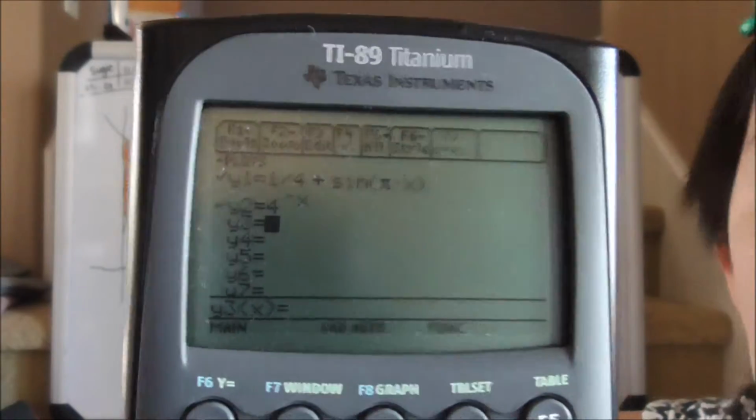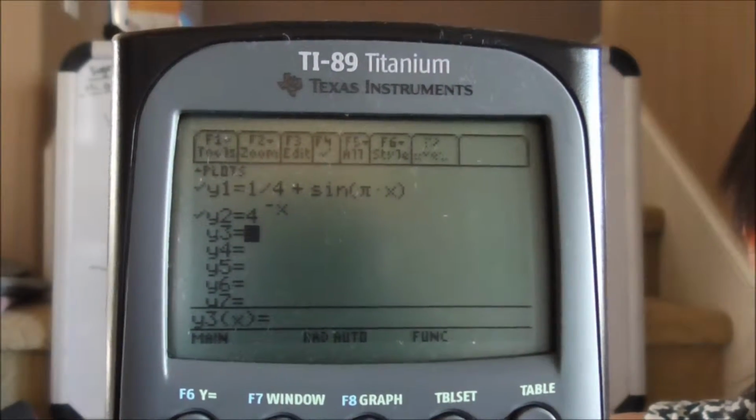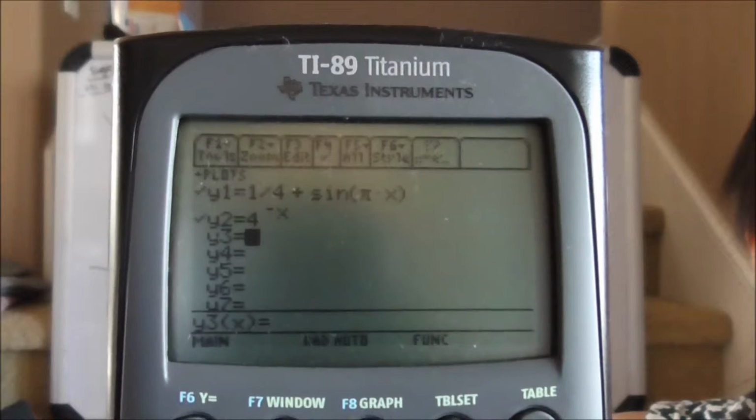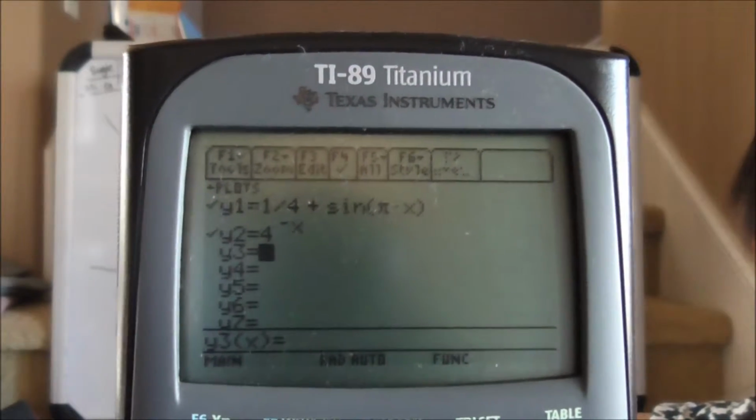Formatting is slightly difficult to read on this, but as you can see, I have 1/4 sine pi x and 4 to the power of negative x here.